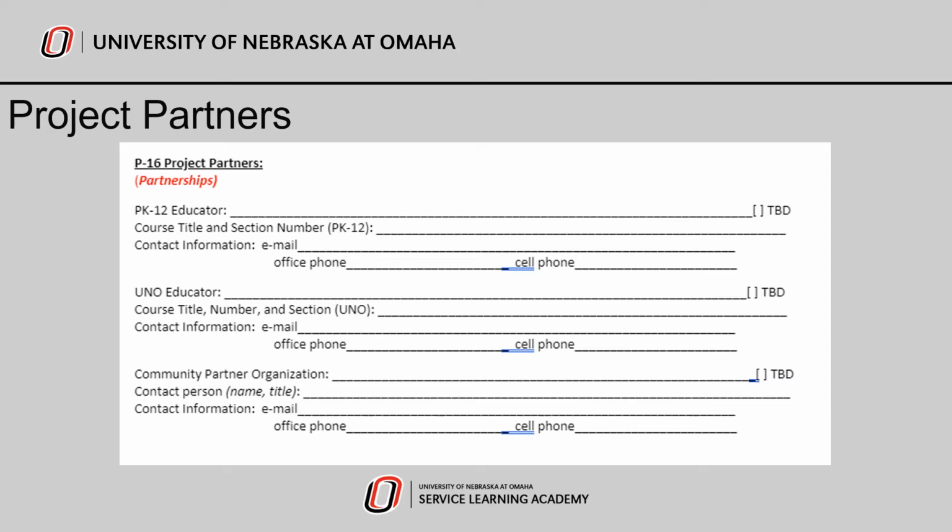You could identify different classes or grades that you may want to work with. If you would like to talk with an SLA staff, please reach out and they'd be happy to brainstorm ideas with you. At the bottom of the page, you can also identify your community partner organization or your wished community partner organization. If you have their contact information, you can write their name in this space or leave it blank.